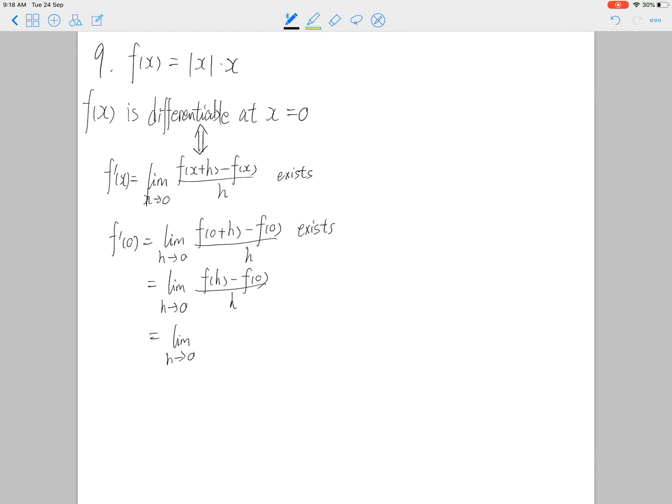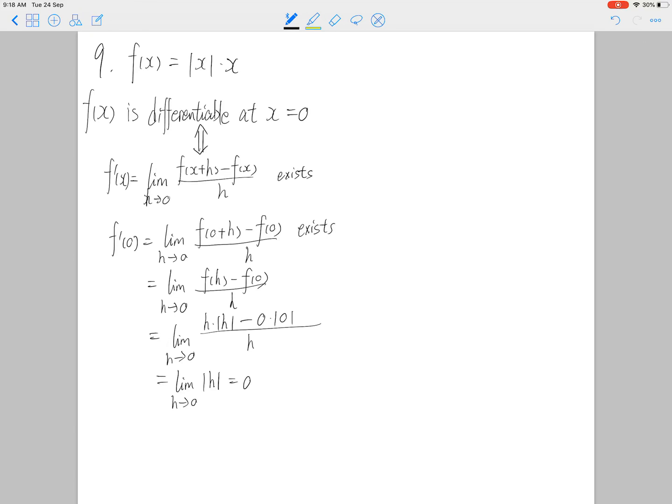What is f(h)? By definition, it's h times absolute value of h, minus 0 times absolute value of 0, divided by h. So the limit as h approaches 0 of absolute value of h, which is 0.